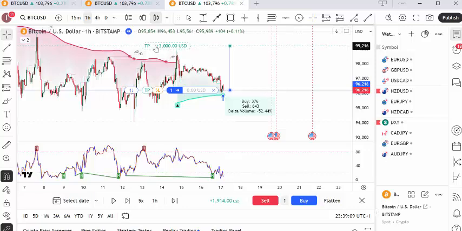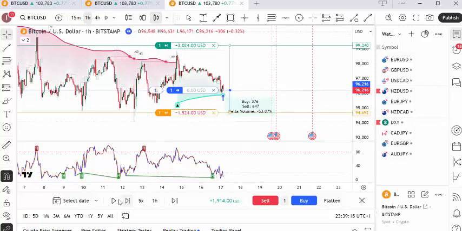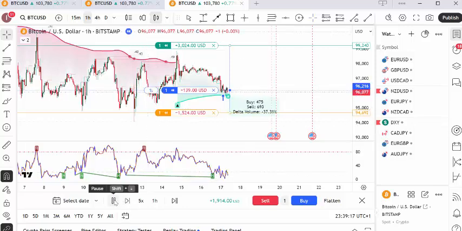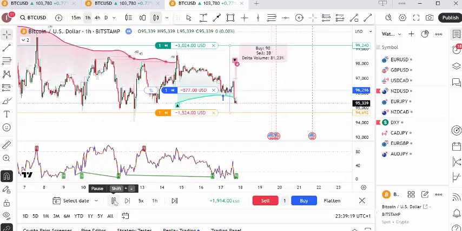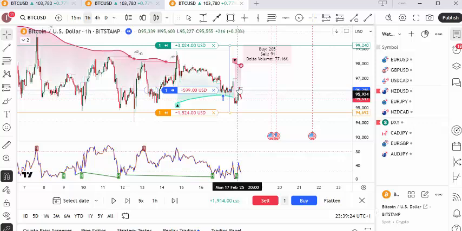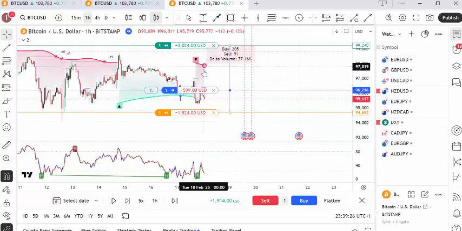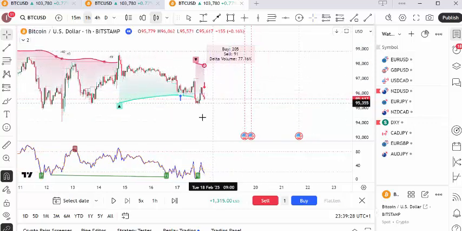TP here. Stop loss 1.5. Okay, good. You can see bearish, so we close at our loss.